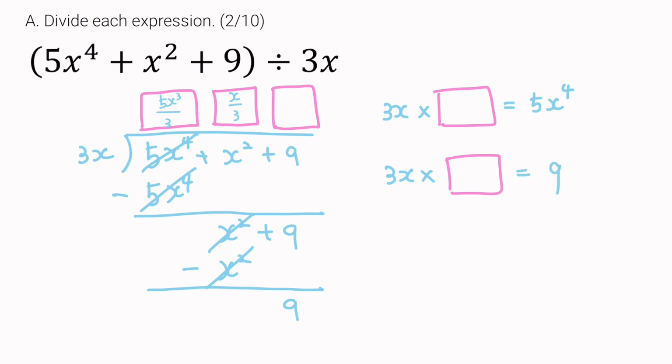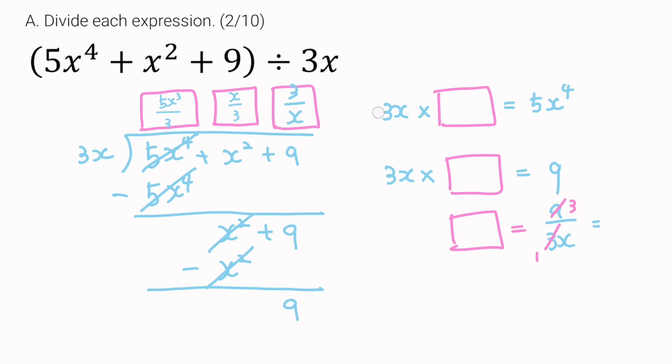And the process is the same. That number should equal 9 over 3x, and if I simplify that, by dividing both numerator and denominator with 3, I get 3 over x. So that is the number that should go to that third box.